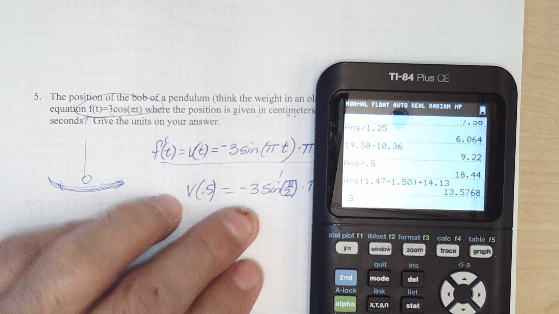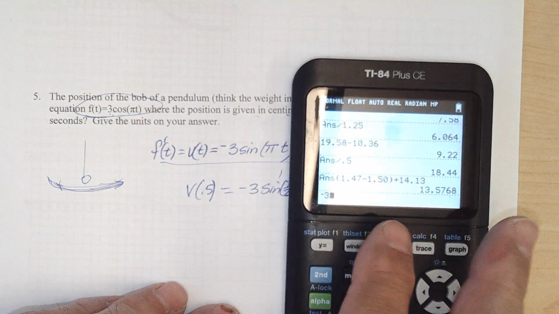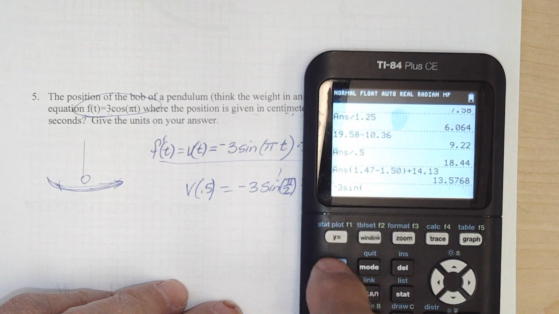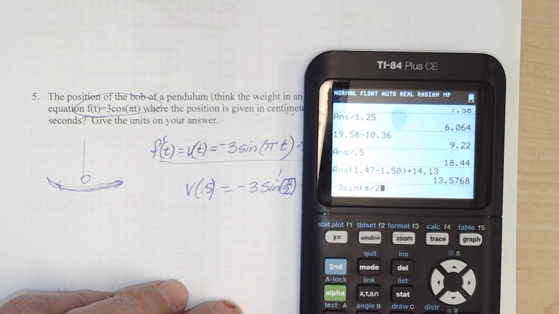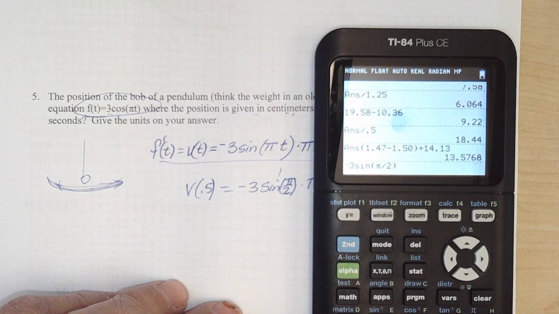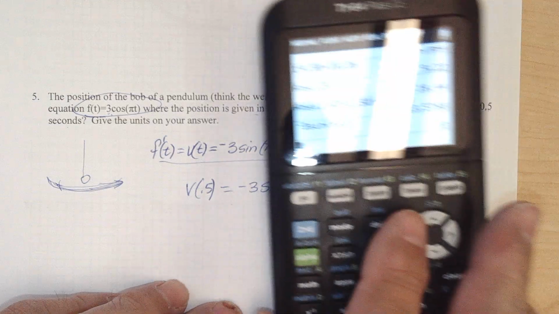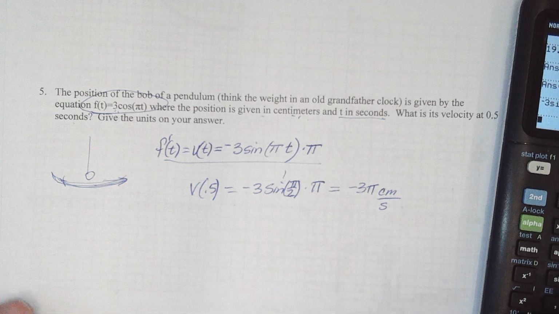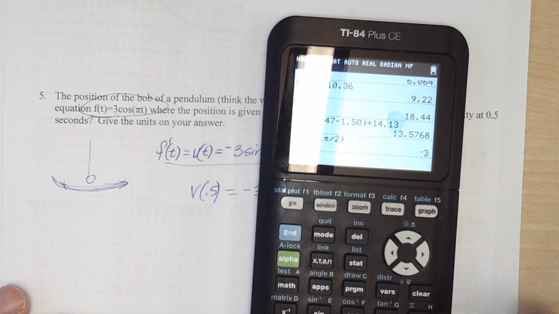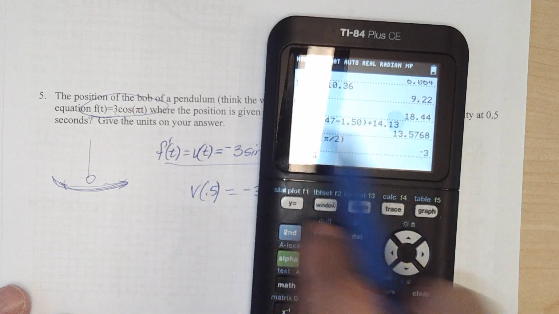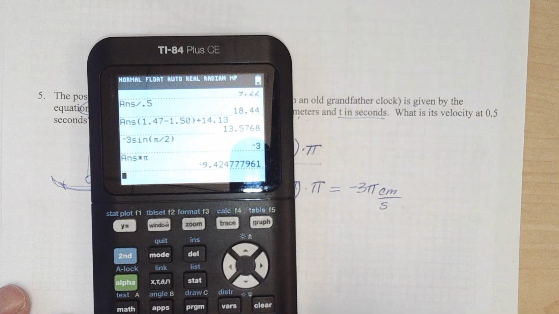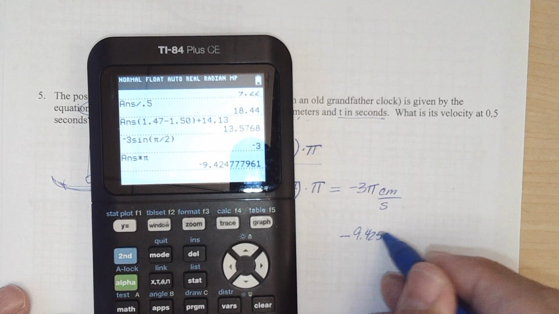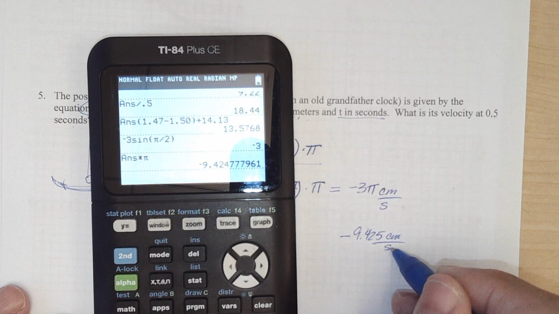Negative 3 sine pi divided by 2, and that's negative 3 pi, which is, if I want to do it all the way out, times pi. In decimal form, it would be negative 9.425 centimeters per second.